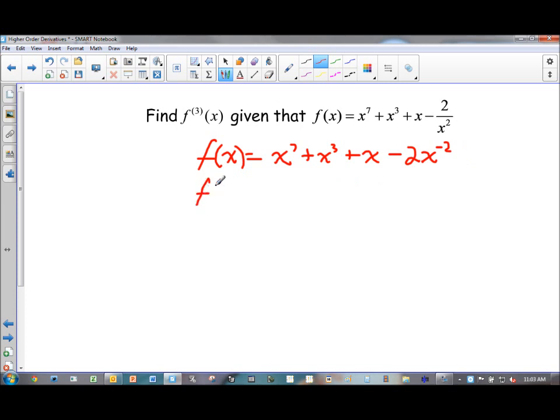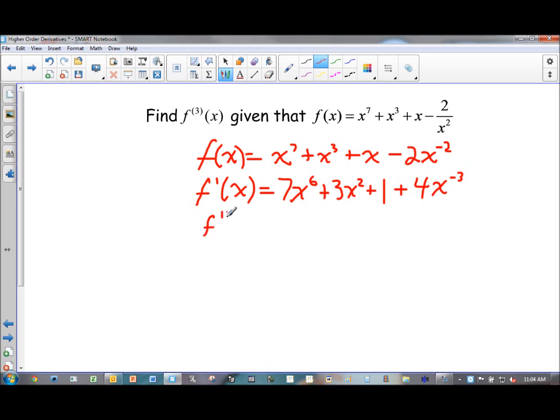So, first derivative, f prime is the derivative of x to the 7, which is 7x to the 6, plus the derivative of x cubed, which is 3x squared, plus the derivative of x, which is just 1. And then the derivative of negative 2x to the negative 2 is positive 4x to the negative 3. And that's the first derivative.